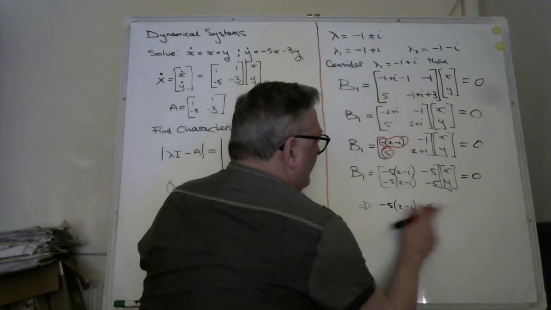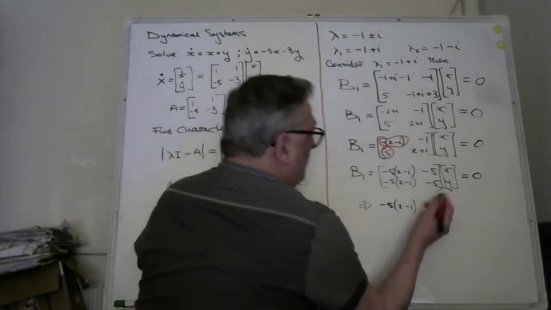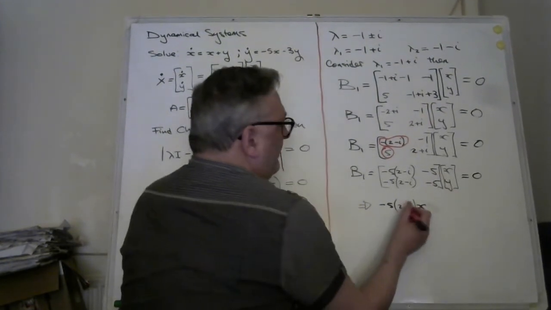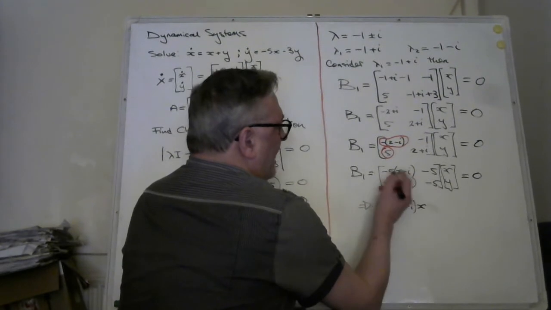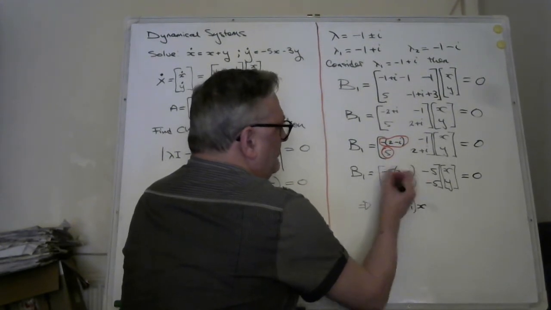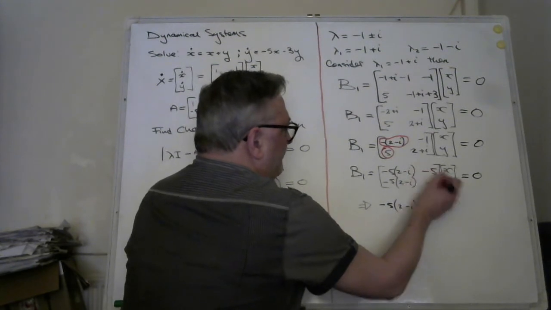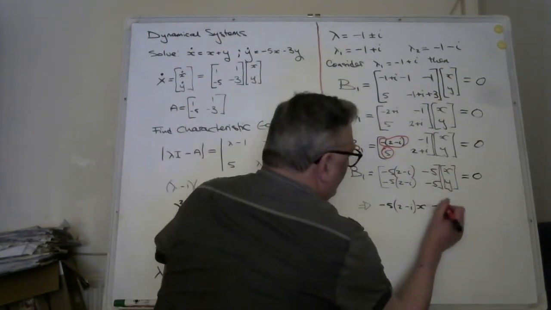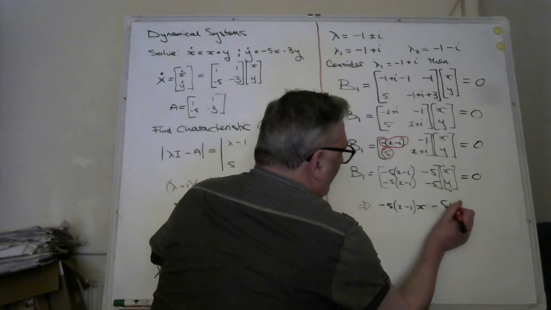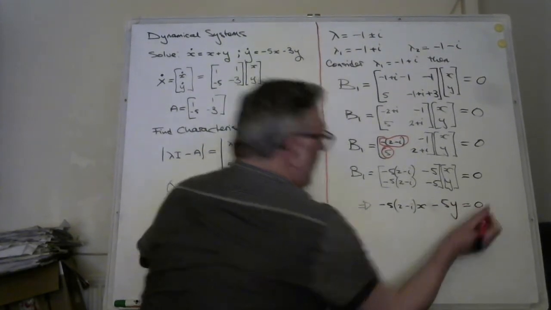In fact, if we're multiplying out by the x and the y's, we've got -5 times (2 minus i) times x. So it's this entry here multiplied by that. And then we've got the -5 times the y, which is -5y, equal to 0.